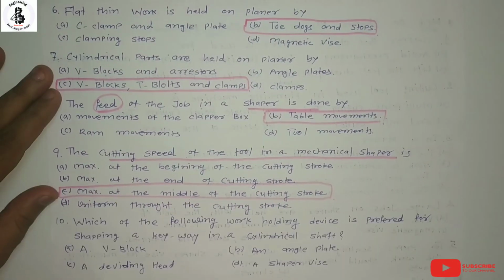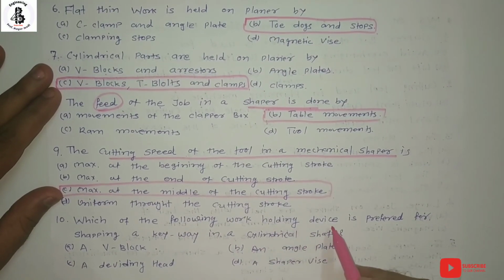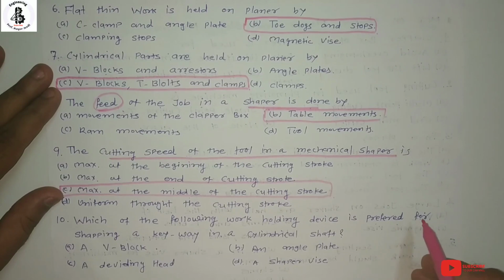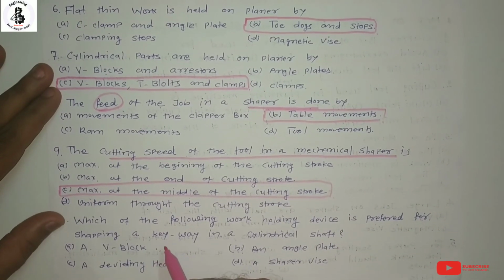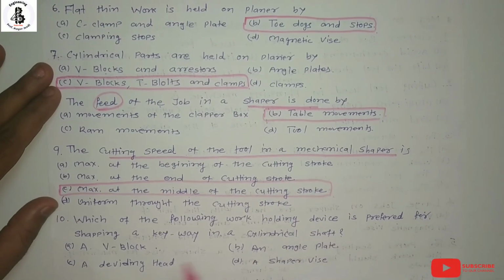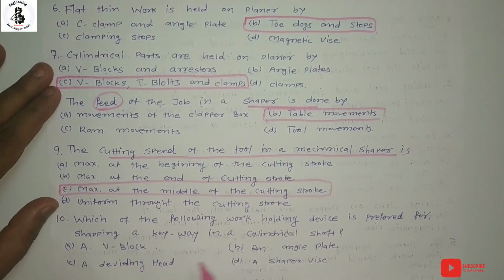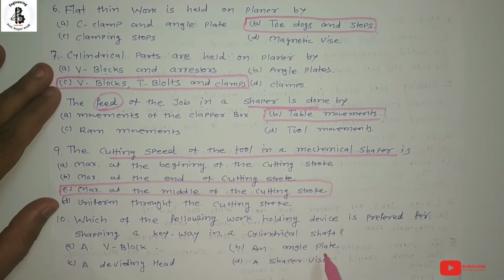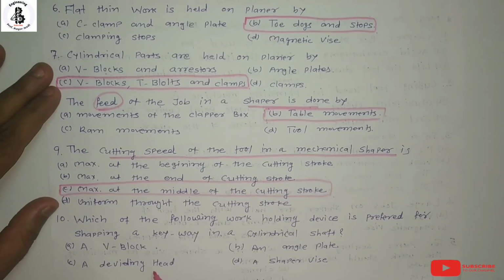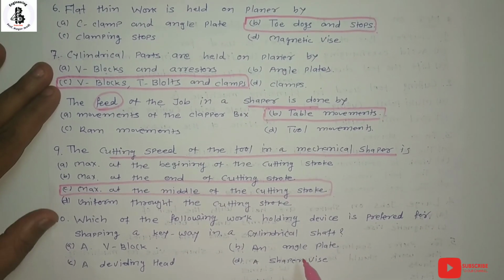Then next, which of the following work holding devices is preferred for shaping a keyway in a cylindrical shaft? Option A, V-block, option B, an angle plate, option C, a dividing head, and option D, a SHAPER vice.